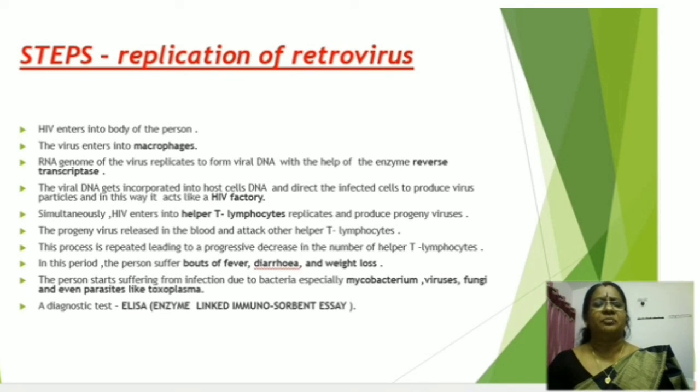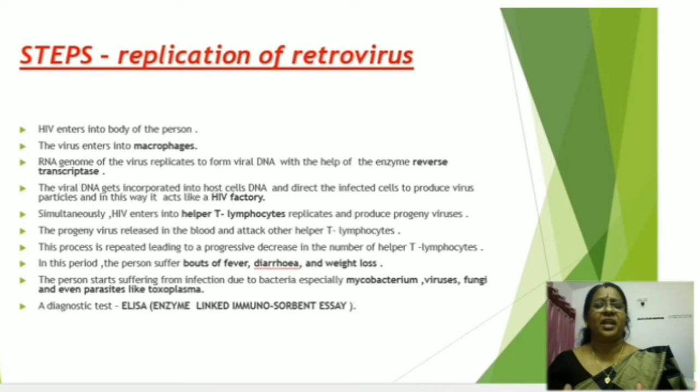At the same time, HIV enters helper T lymphocytes, replicates and produces progeny viruses. The progeny viruses are released into the blood and attack other helper T lymphocytes. This process is repeated, leading to a progressive decrease in the number of helper T lymphocytes in our body.